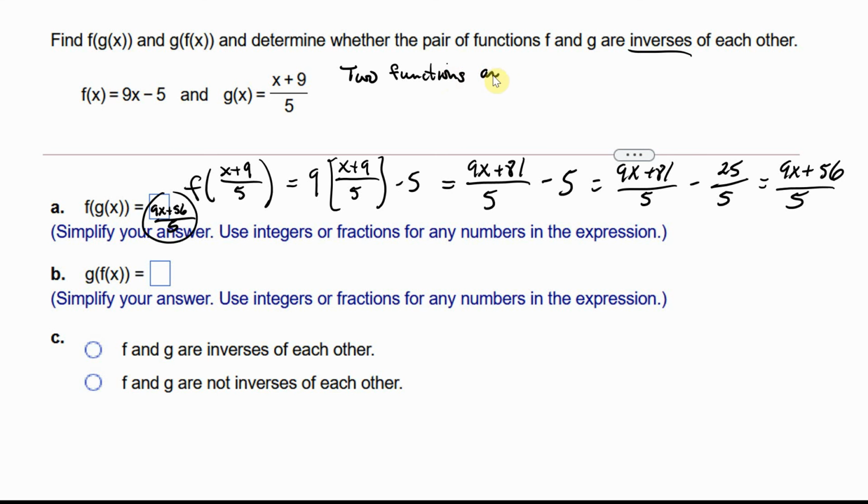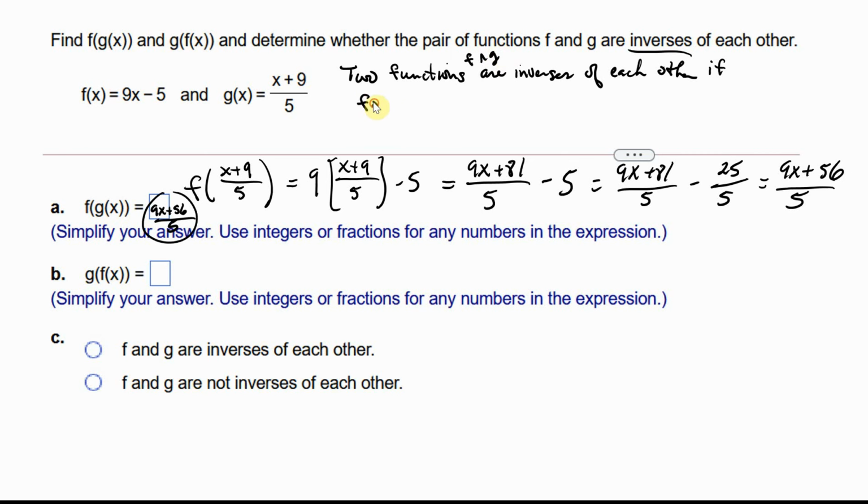Two functions are inverses of each other. Here, two functions, I'll call them f and g.